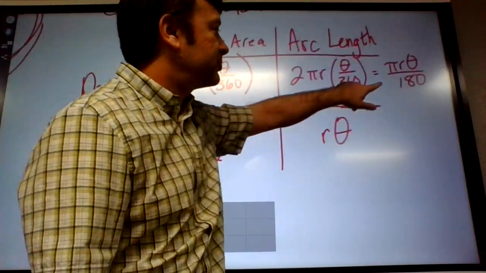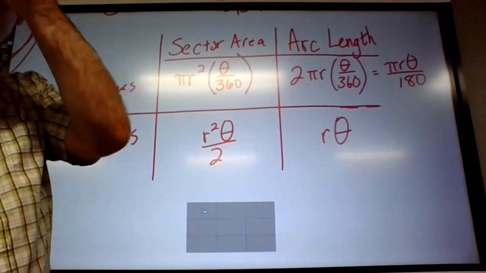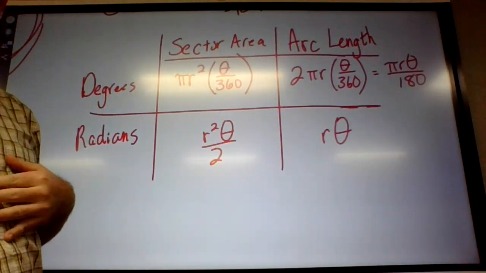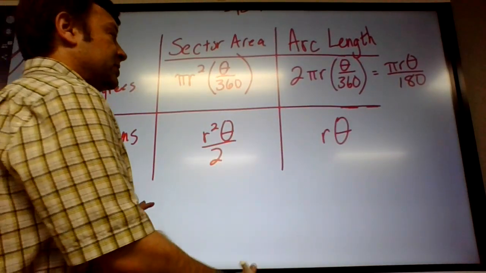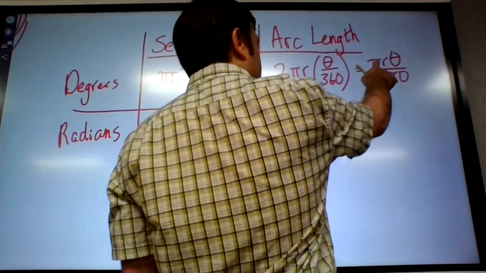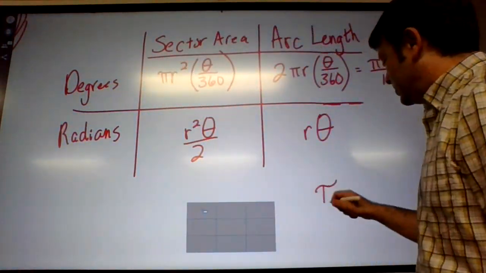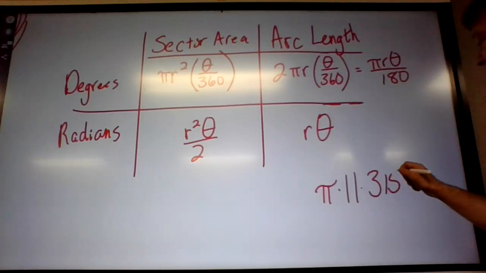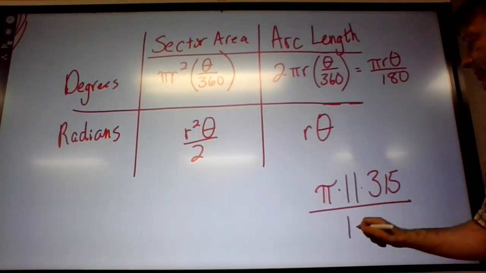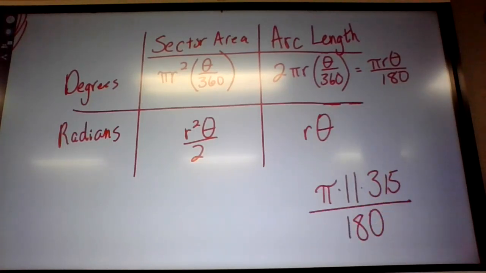The radius is 11, and the central angle is 315. So I'm just going to plug those in. Pi times 11 times 315 over 180. And it says we're rounding to the 10th place, which is the first decimal place.